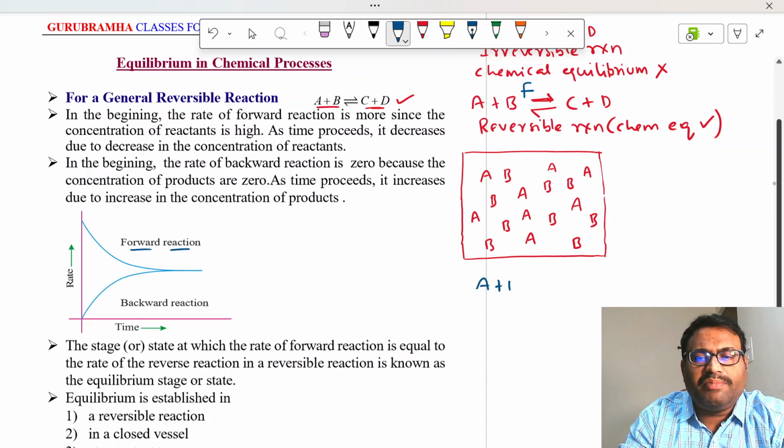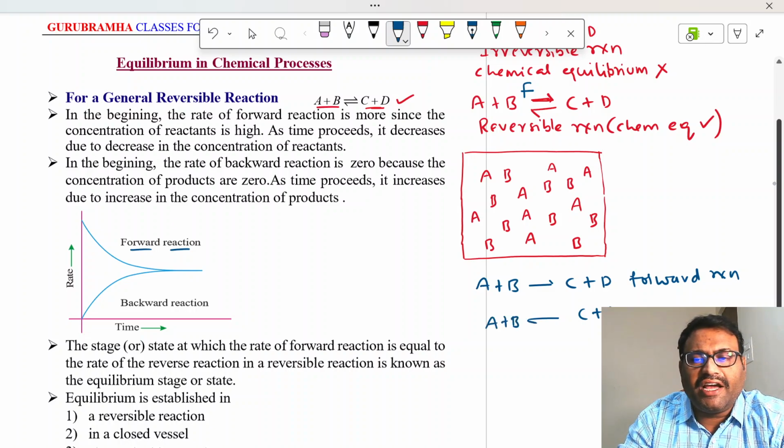So A plus B converting into C plus D is the forward reaction, and C plus D converting into A plus B, as the arrow shows, is the backward reaction.